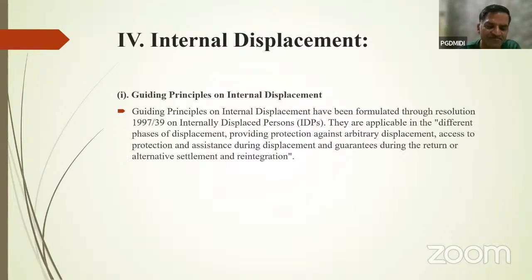Then internal displacement. This is another area which not only leads to internal migration but also to international migration in some cases. The guiding principles on internal displacement were formulated through a resolution in 1997 on internally displaced persons. They are applicable to the different phases of displacement, providing protection against arbitrary displacement, access to protection and assistance during displacement, and guarantees during return, alternative settlement, and reintegration.